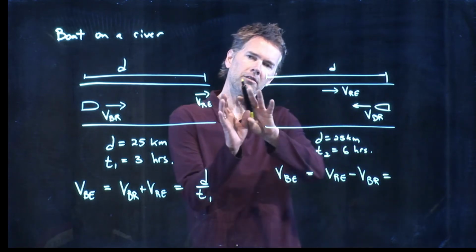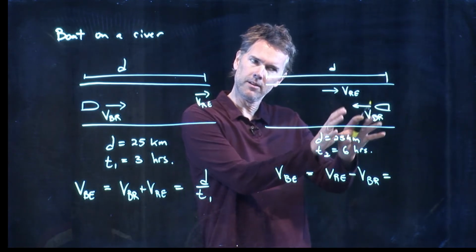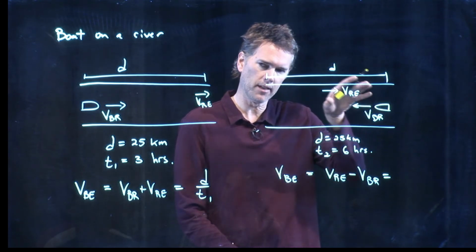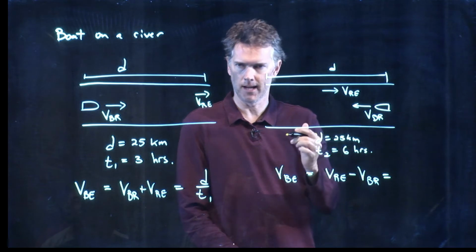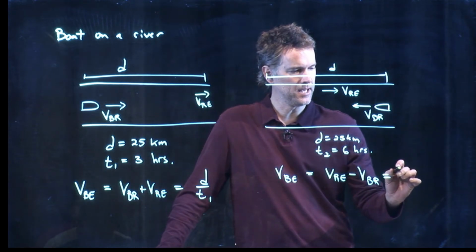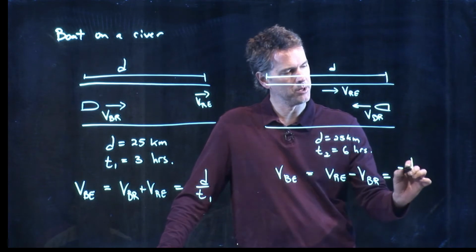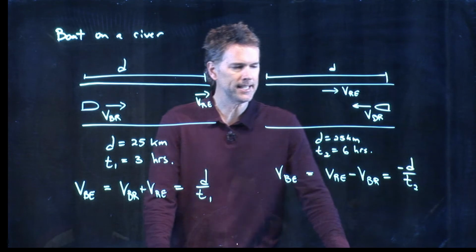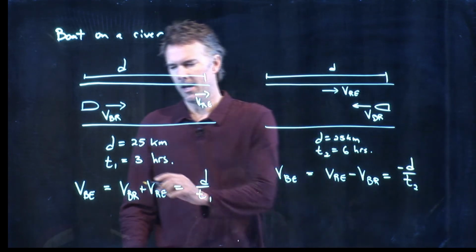But since we're saying stuff to the right is positive, then we'll just keep that nomenclature. VRE is to the right, so that's positive. VBR is to the left, so that's negative. And now we're covering a distance d, but we're going back this way, so let's put a negative right there. And how long does it take? Negative d over T2.